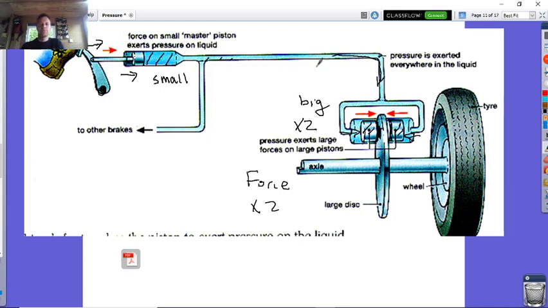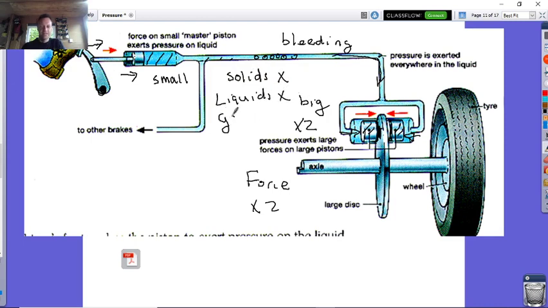One thing you may have heard about before is something called bleeding. Sometimes air bubbles start to form in the liquid. You should know that solids can't be compressed, and liquids also can't be compressed.